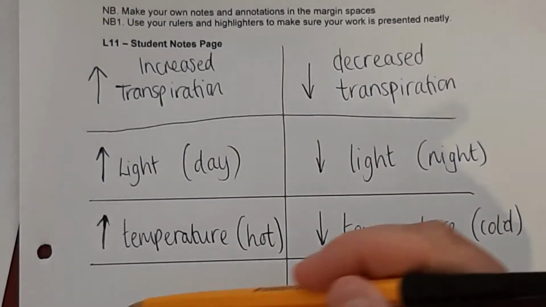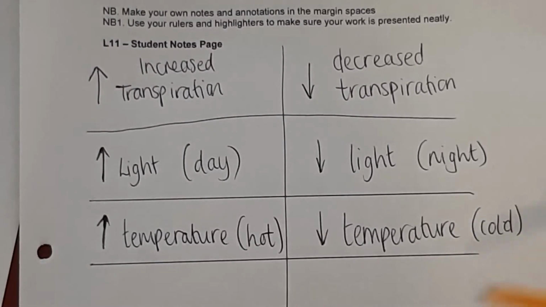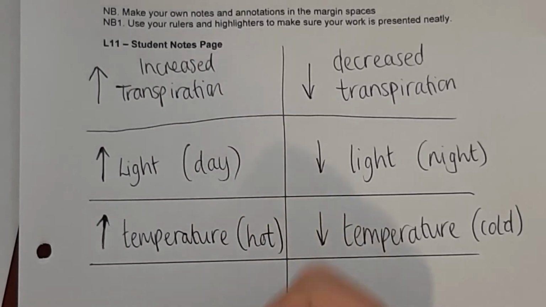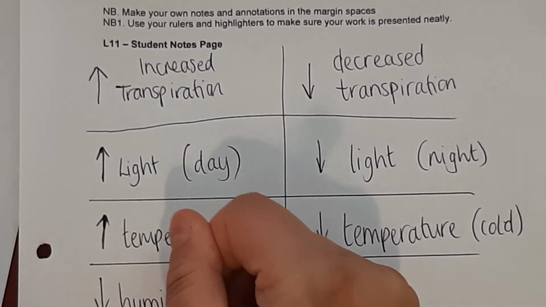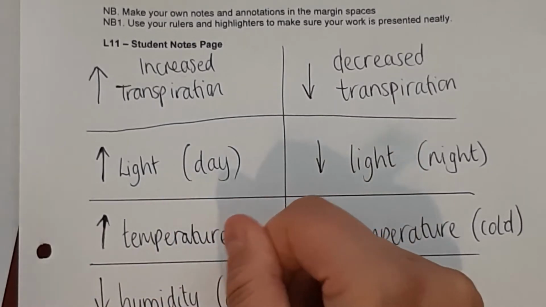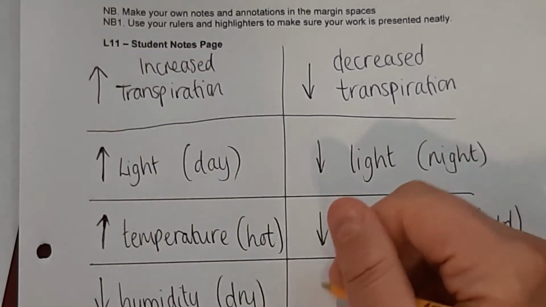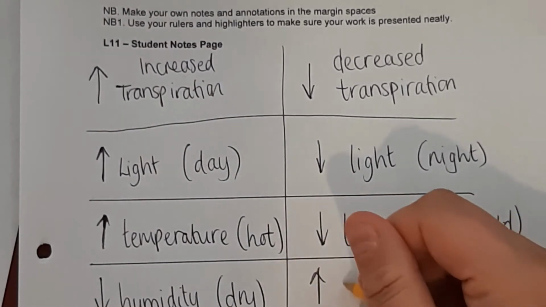Our third factor, humidity. For increased transpiration, we want low humidity. So dry air, so dry weather. For less transpiration, we want increased humidity.